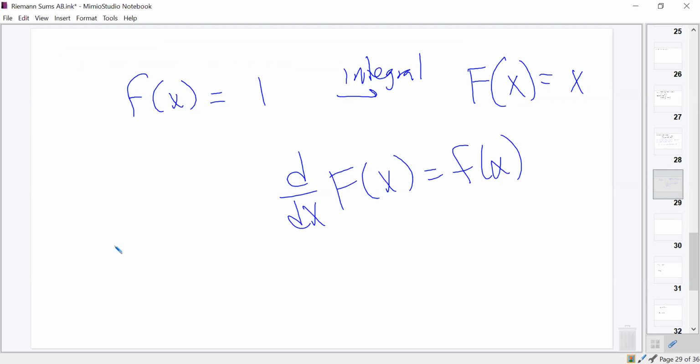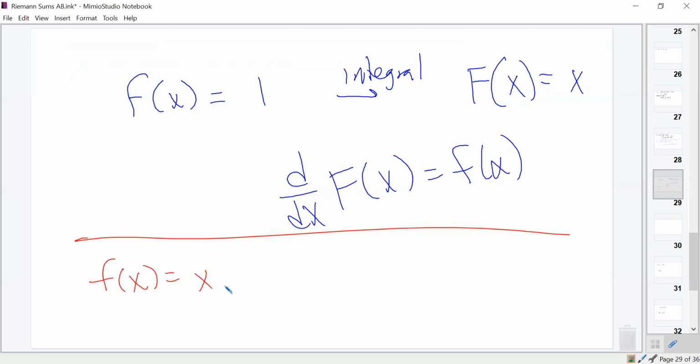So for example, if I said little f of x was equal to x, what would capital F of x be? What's a function that when you take its derivative gives you x? X squared over 2?